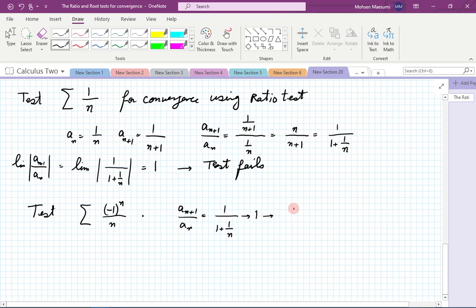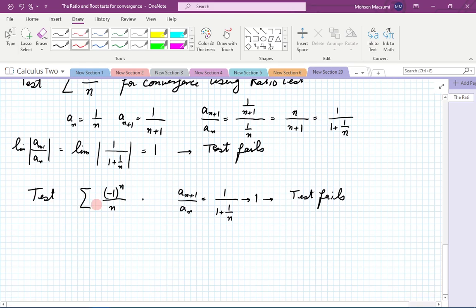So again, the test fails. But what do we know for convergence of this? Do we know it converges or diverges? Well, you saw it in the previous lecture. This is, of course, an alternating series. The terms are declining towards 0, and of course, it converges.